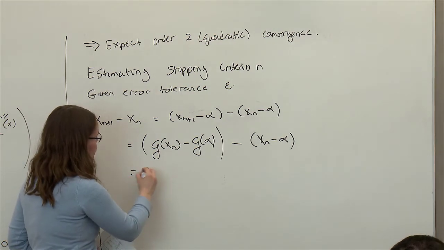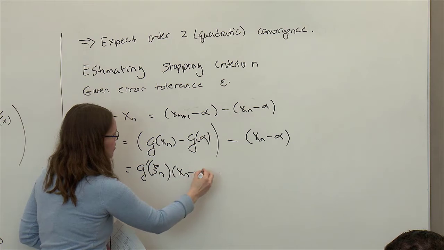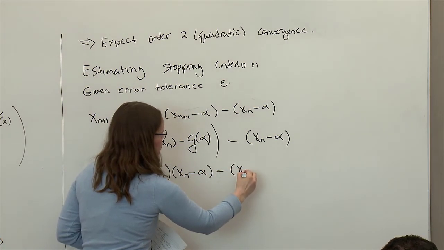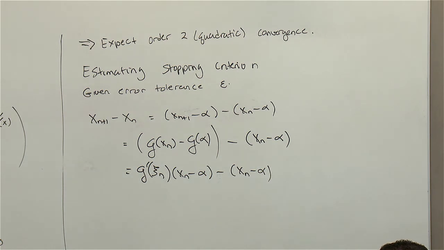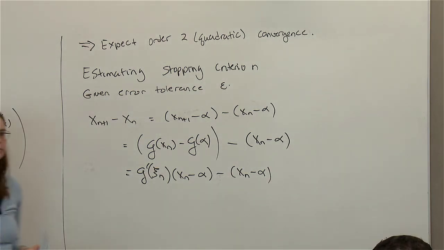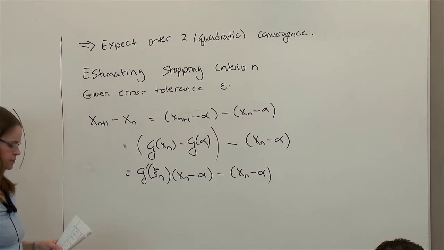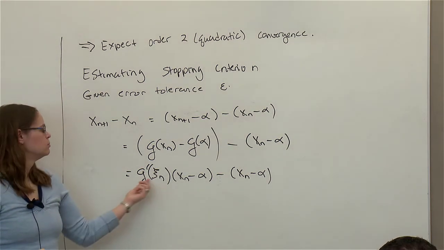Okay, and we do what we usually do here. We do a mean value theorem and say, well, I can estimate all of this in terms of my old error. Okay, and again, I don't know what c_n is.